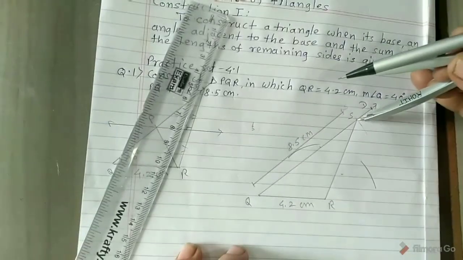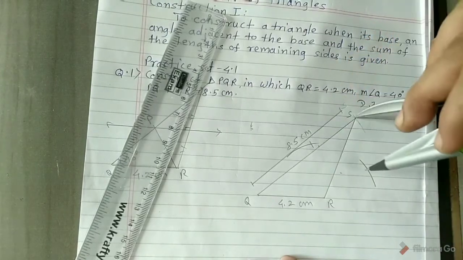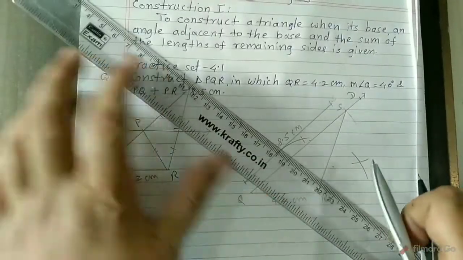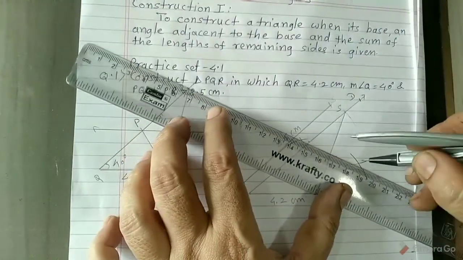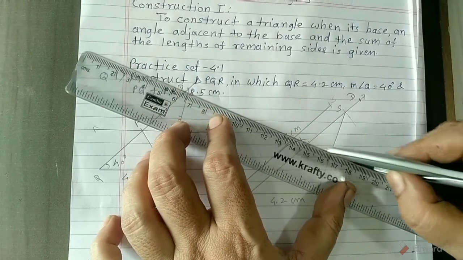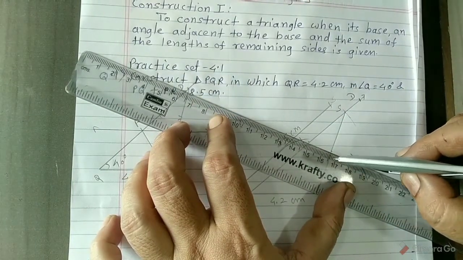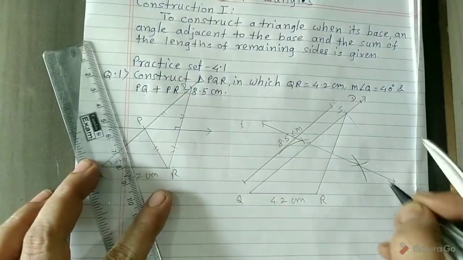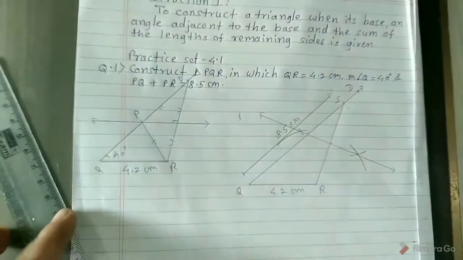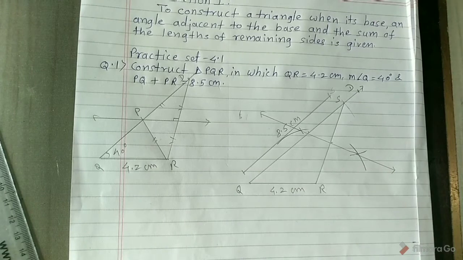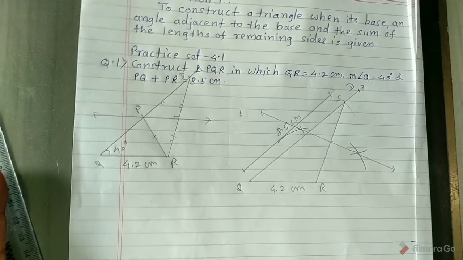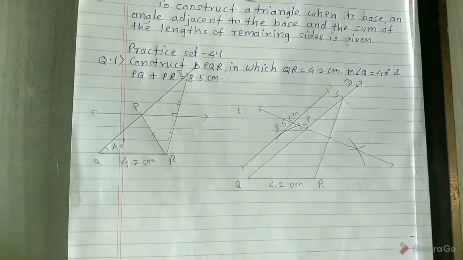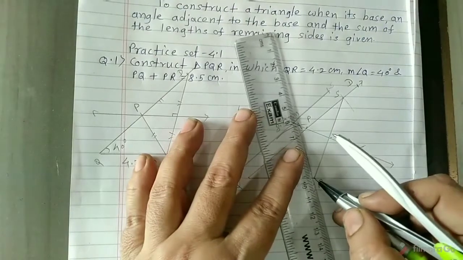Then we join these two intersecting points of the arcs. Then name the intersection point of QD and the perpendicular bisector of SR as P. Okay, and then draw segment PR.